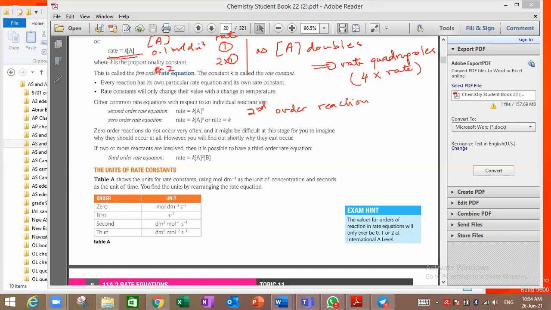And if we triple the concentration of A, we find that the rate becomes 9 times the first rate. So we say that the rate equation is rate equals K times A squared, and we say that this is a second order reaction.